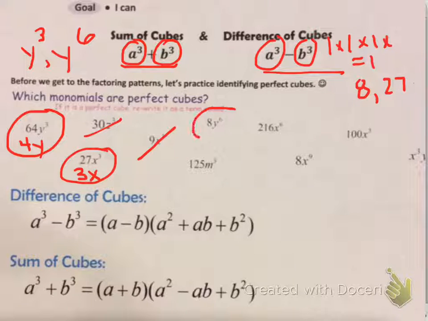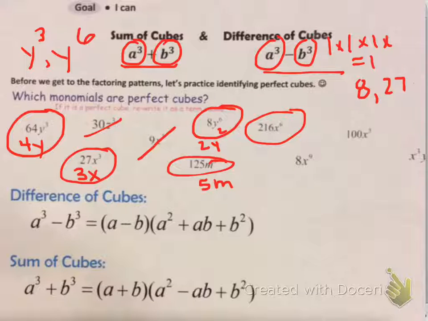Another perfect cube would be 8y to the 6th, because it's 2 times 2 times 2, and y squared times y squared times y squared. So we'd have y squared for our cube root. 125m cubed is a perfect cube because its cube root would be 5m. 216x to the 6th is a perfect cube. And 8x to the 9th is also a perfect cube.